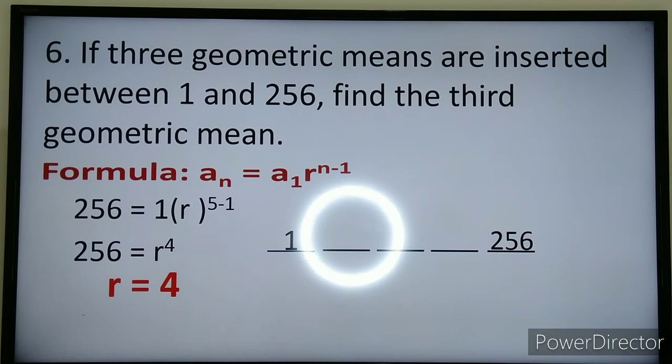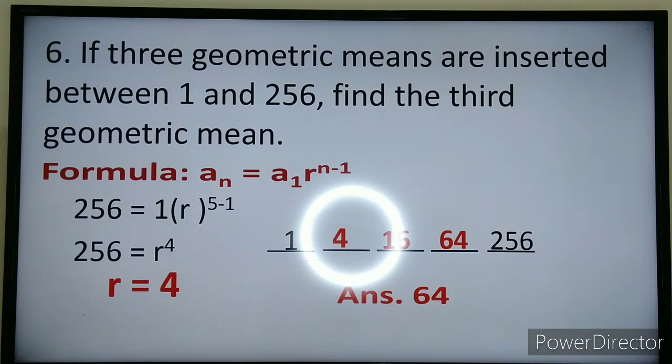Unlike in the arithmetic sequence or arithmetic mean, where you use addition, in the geometric case you use multiplication. Now, 1 times 4 is 4. 4 times 4 is 16. 16 times 4 is 64. So the answer to the third geometric mean is 64.